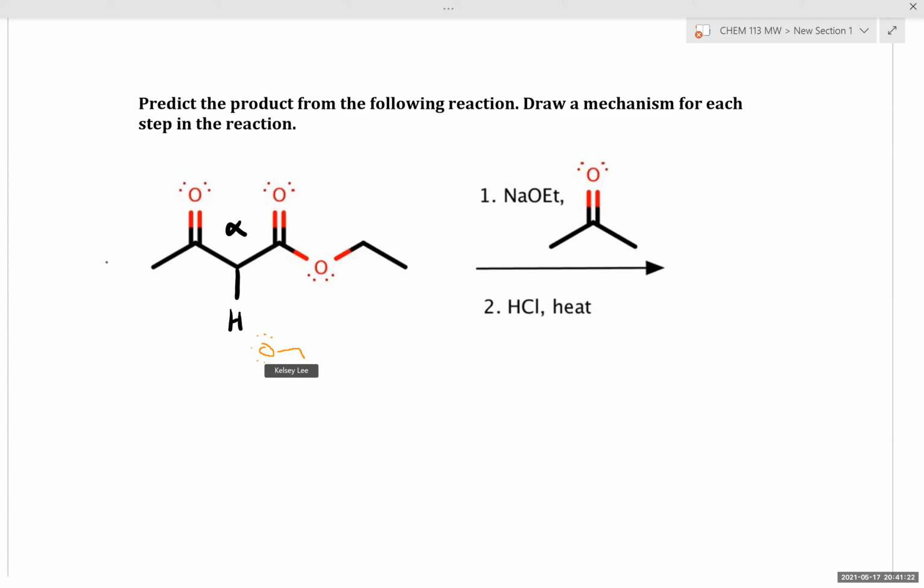As the students are beginning to annotate, first, ethoxide will deprotonate our highly acidic alpha proton. From here, we'll generate the corresponding enolate.